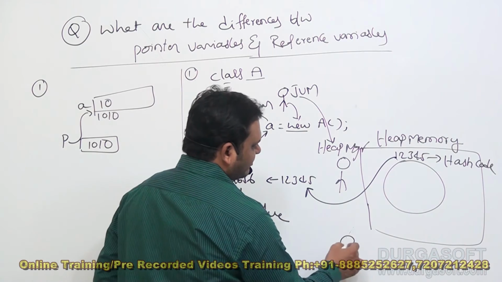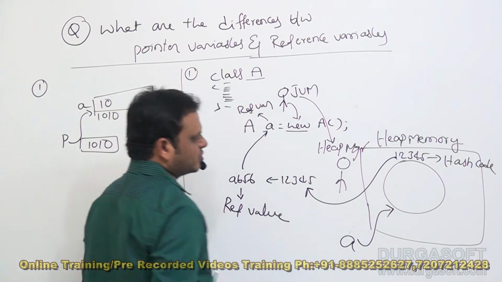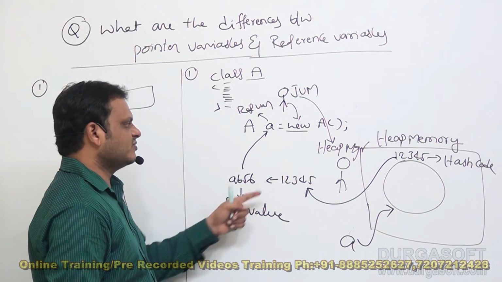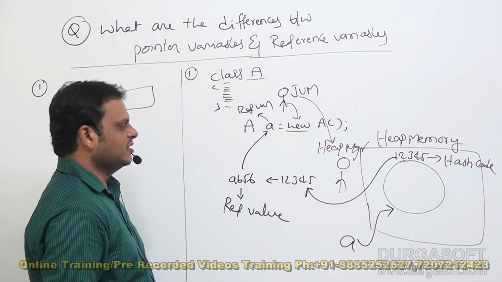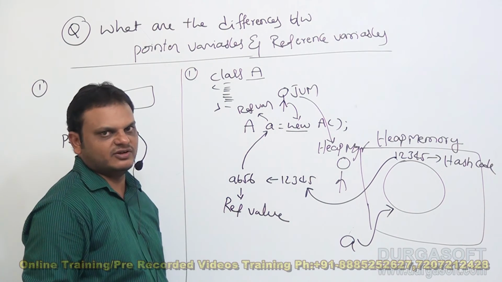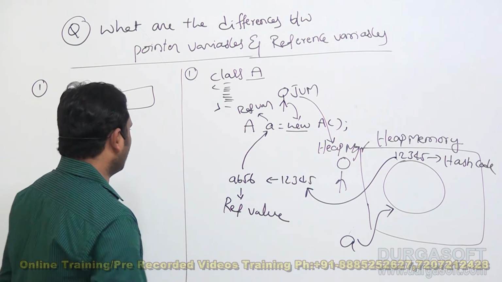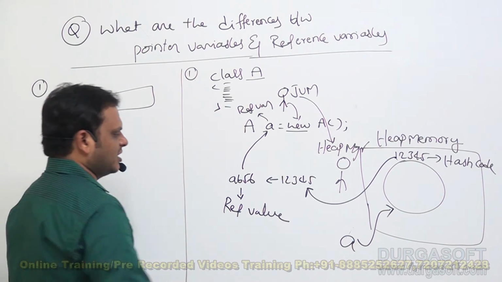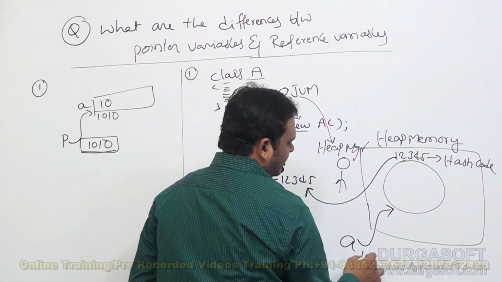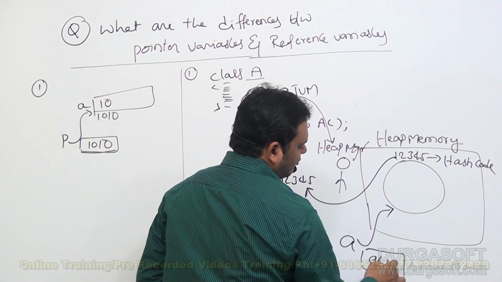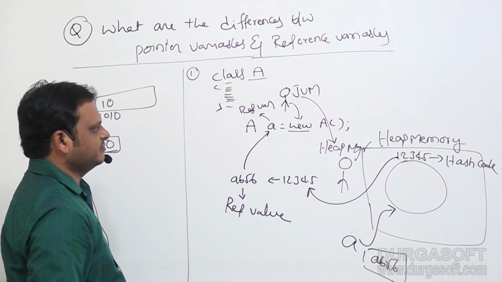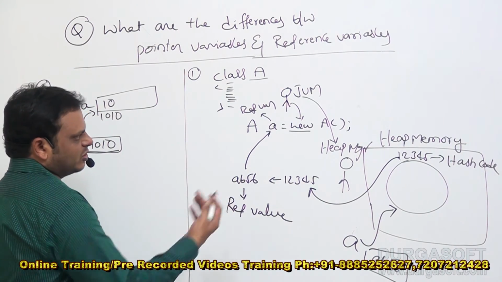So here the reference variable is not storing any address location. It is storing the reference value, which is a hexadecimal form of the hash code. Hash code is a unique identity for each and every object. So a pointer variable refers to a block of memory by storing an address location, while a reference variable refers to a block of memory by storing the reference value of an object. The reference value is not directly an address location, so pointers do not exist in Java.